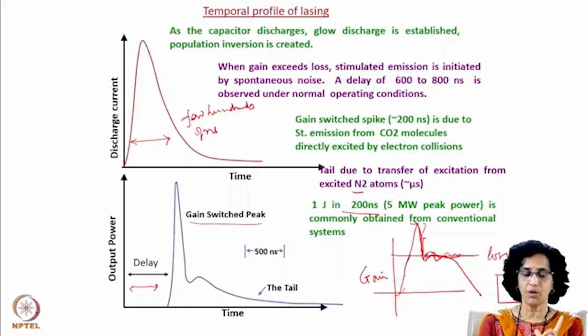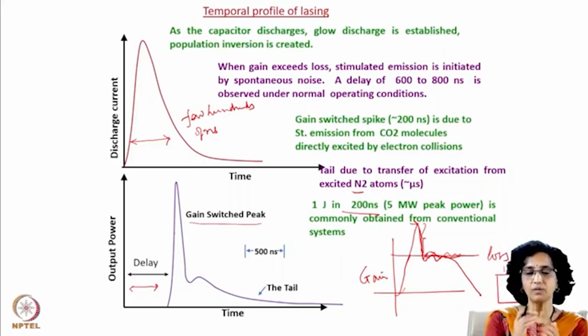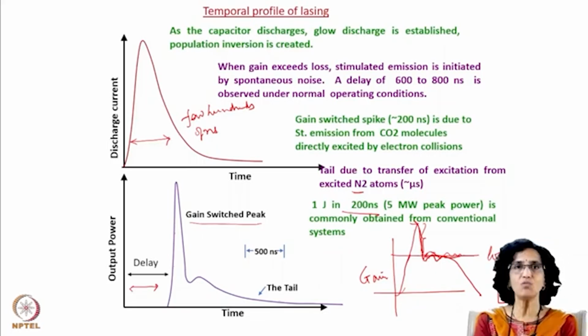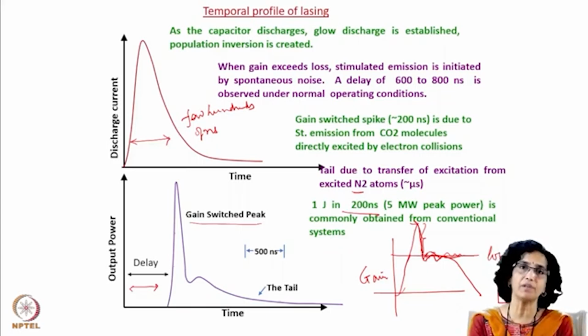Now, we have seen pulsed operation, and we have seen how the temporal pulse of a laser looks like. Temporal is in time, so how it looks in case of a laser. But we also want that the average power obtained from the laser increases.